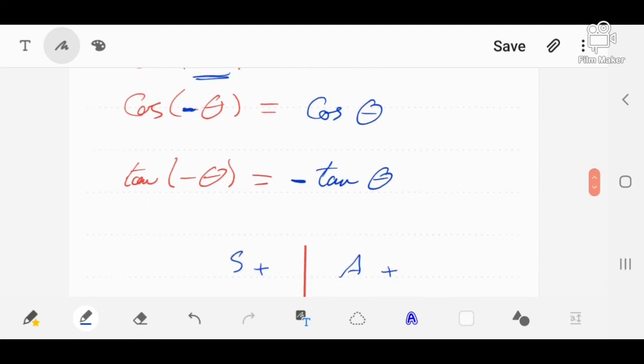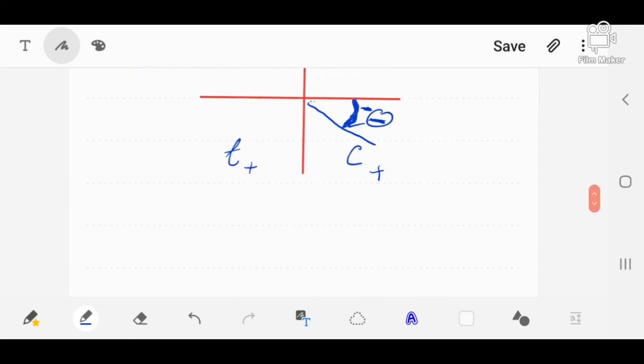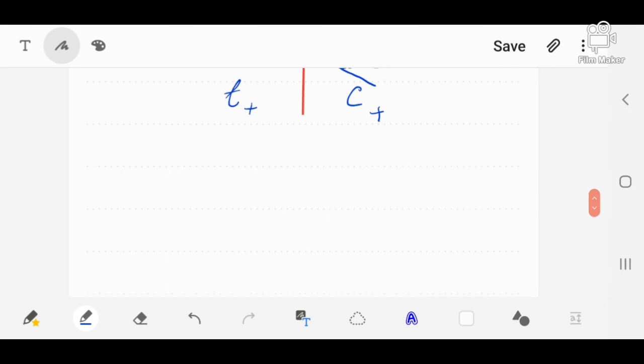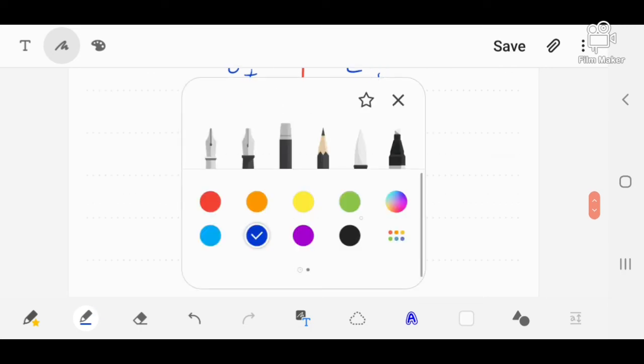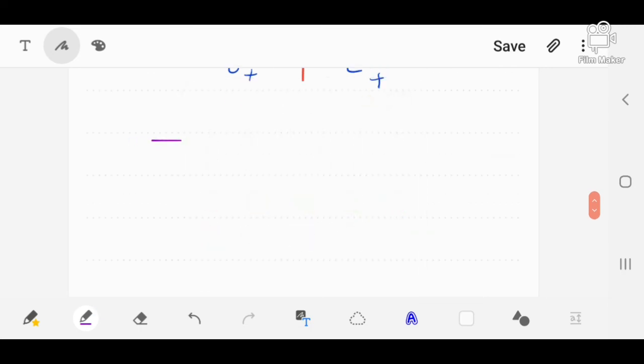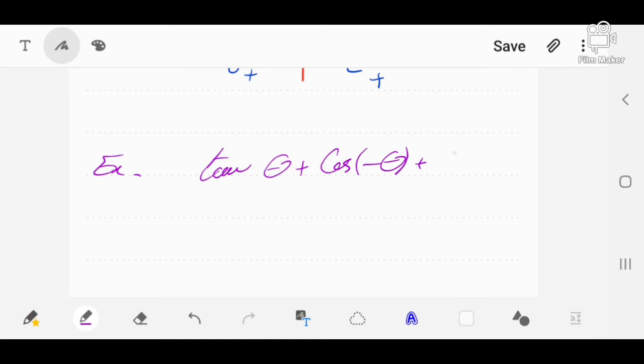An example on this: let's say we have, for example, tan theta plus cosine negative theta plus tan negative theta. How am I going to simplify this expression?